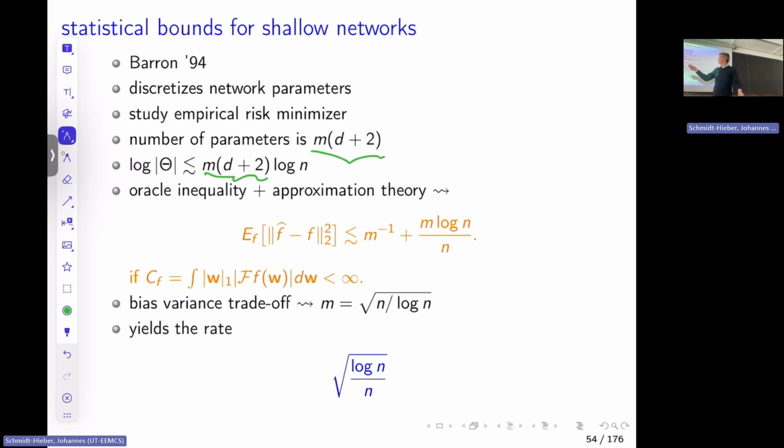And then the cardinality is bounded by n to the 150 to the power of the number of parameters, because you have done that for every one of these parameters. But then you take the log, and then this n to the 150 just becomes log n, because the 150 goes in here as a constant.